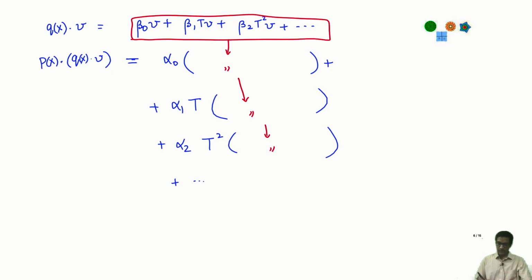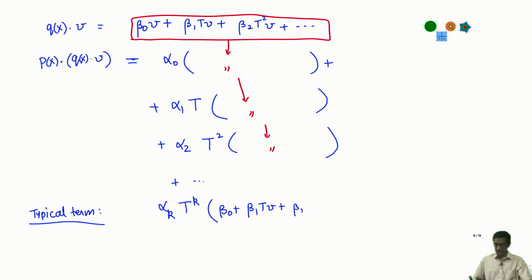So what does a typical term in this summation look like? Let me take the kth term. It looks like alpha k t to the power k acting on that vector inside, which is beta naught v plus beta 1 t v plus beta 2 t squared v and so on.